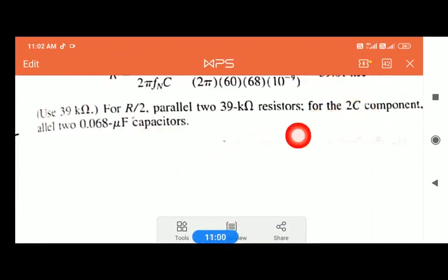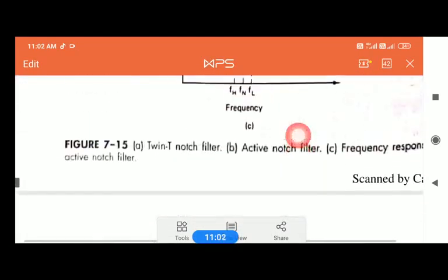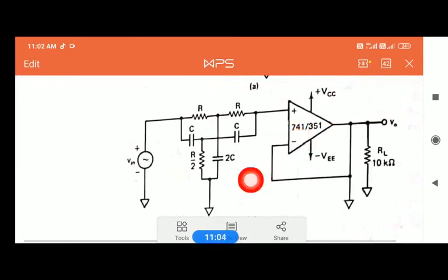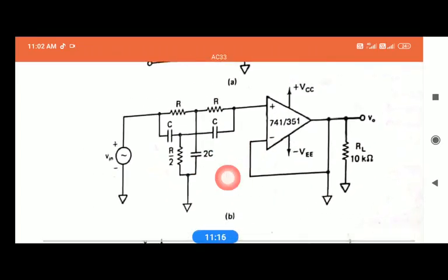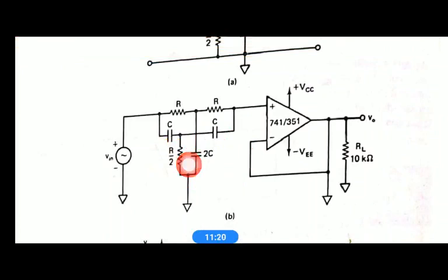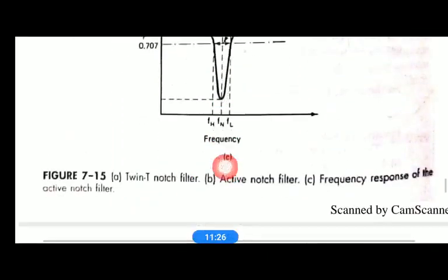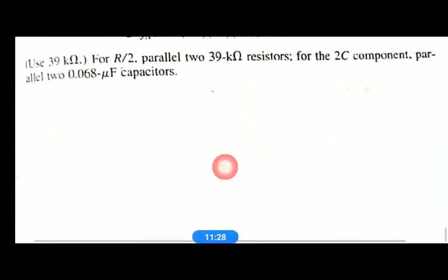If you use two capacitors of value C connected in parallel, you will get a 2C value, because in parallel the two capacitors get added, meaning 0.068 plus 0.068. Or you use a particular value of capacitor and resistor which gives the value of R by 2 and 2C. This is how we design the notch filter.